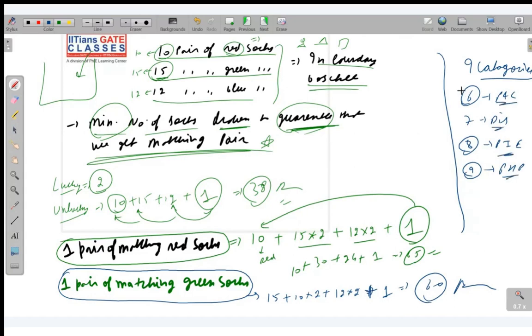With each category I have told you the keywords and all. So in the GATE exam you just have to identify the category, apply the formula and get the answer. That is a very simple thing. Okay. So now we will jump to the next chapter of combinatorics, that is the summation part, and the first topic is generating functions. So let me start that. Let me jump to the next slide.